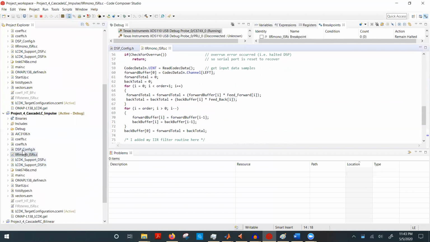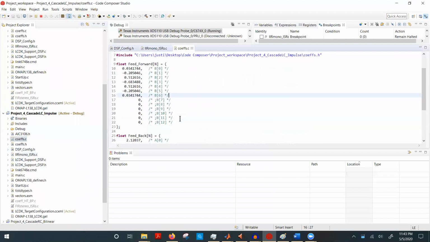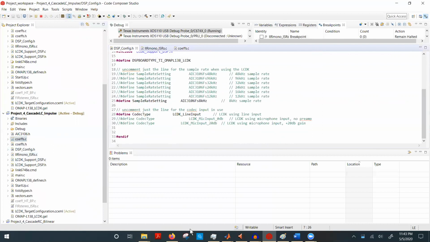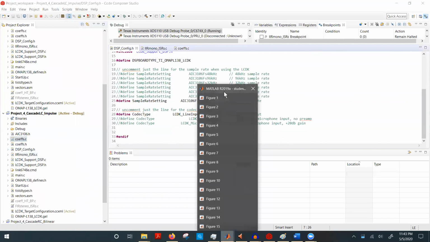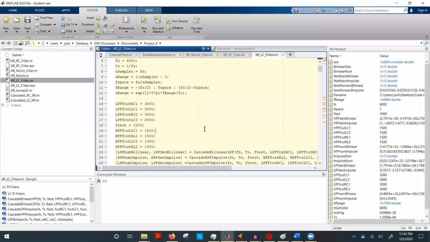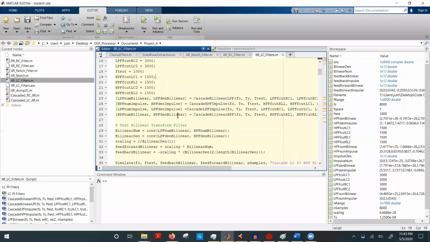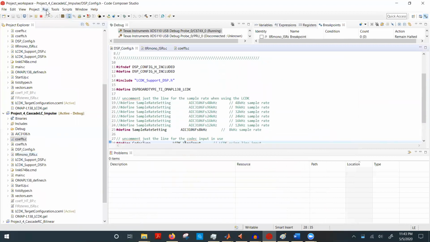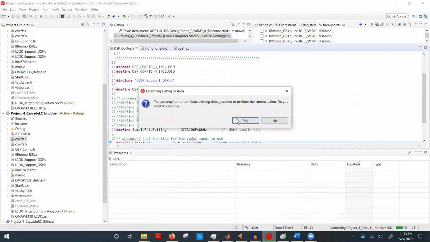That does not use a circular buffer, unfortunately. The coefficients are still here. They're written using this code over here, just like before. So we're ready to run the debug on this one.